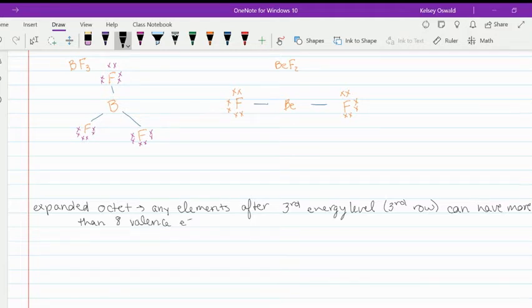Okay. And the reason why that is because we now have those D sublevels that we remember from our electron configurations that are open. Okay. So after the 3rd energy level, we now have D sublevel that we have available to dump electrons in.